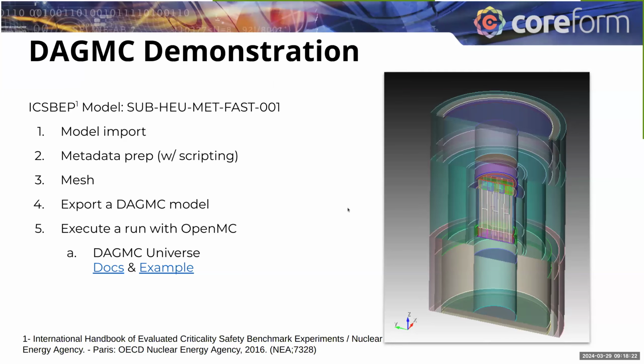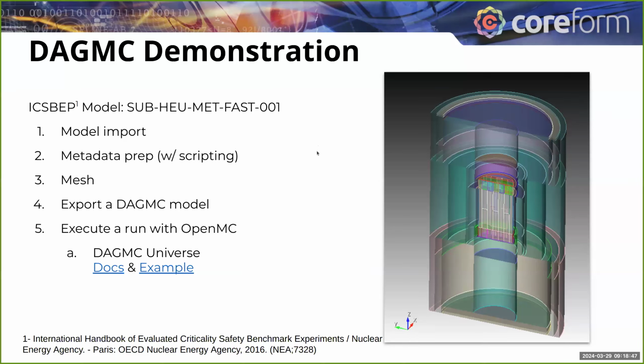I'll talk a little bit about how we do that when we get to that point using a DAGMC universe, and a little bit about the mixed geometry format that's available in OpenMC for combining CSG geometry with CAD-based geometry using DAGMC. But I'll touch on that in more detail as we get there. So at this point, I'll go ahead and switch over to Cubit, and then really quick, actually, my terminal.